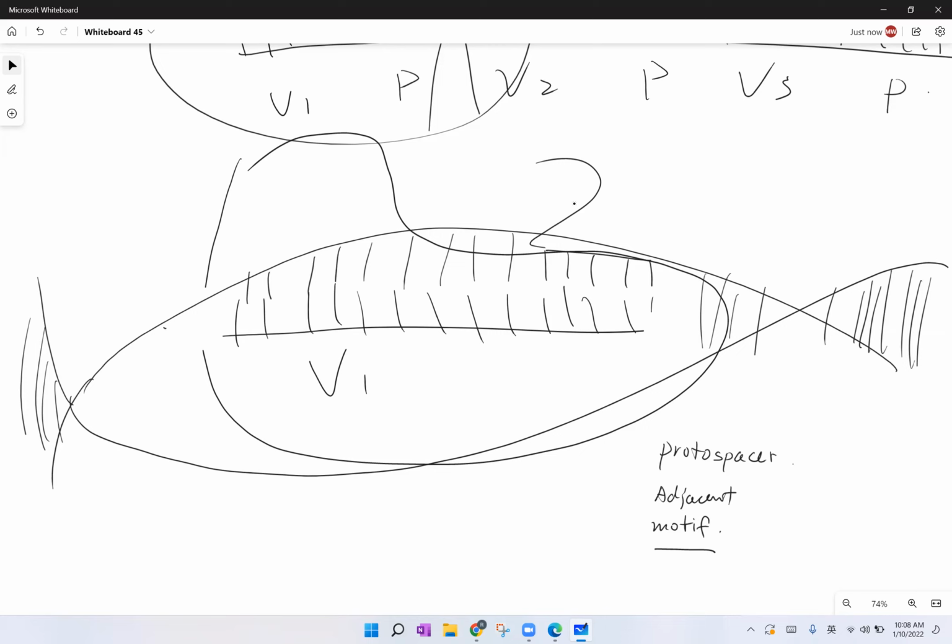Okay. What's going to happen if you cut your DNA here? What happens if you cut it here? It will be damaged, right? This is your viral DNA.